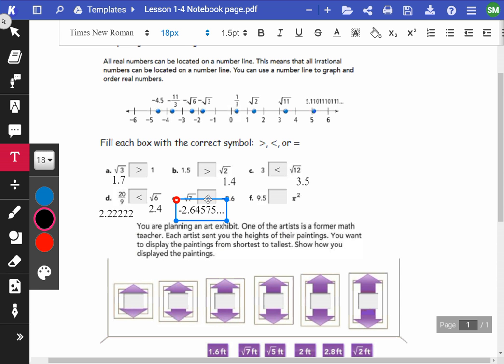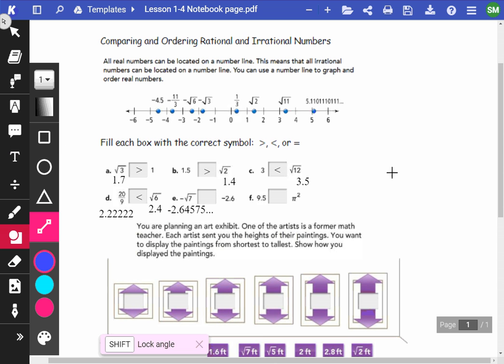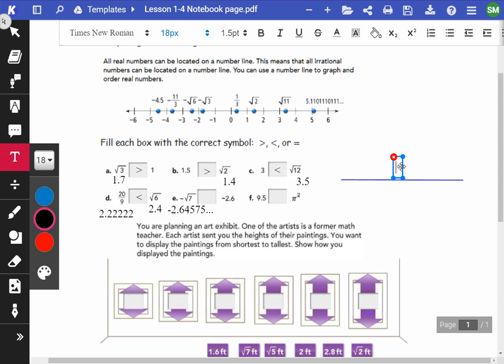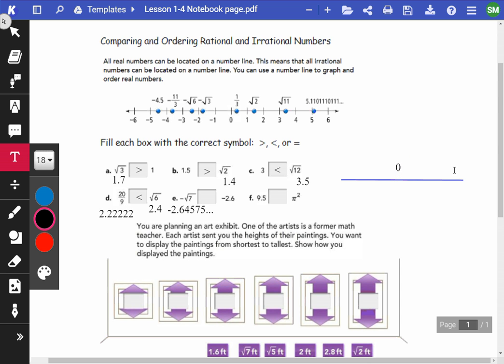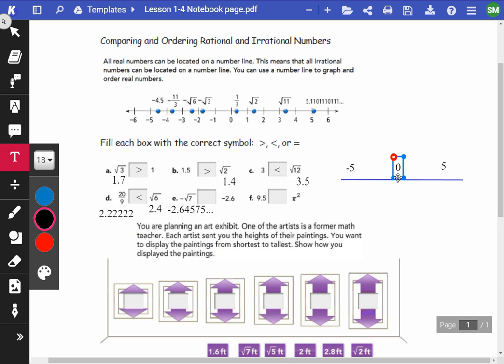That's important to know, because is that bigger or smaller than 2.6? Well, first we have to think about negatives. Here's a number line for me, and I'm going to put some numbers here. Here's 0, and here's 5, and here's negative 5. If I have negative 1 compared to negative 5, which is greater?